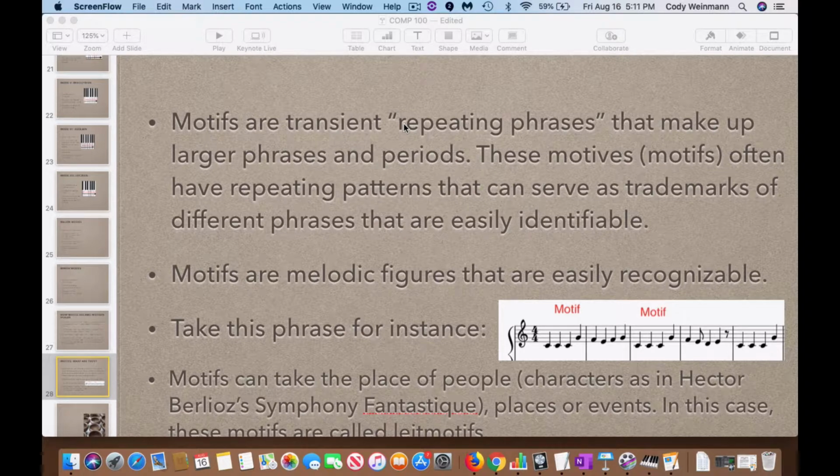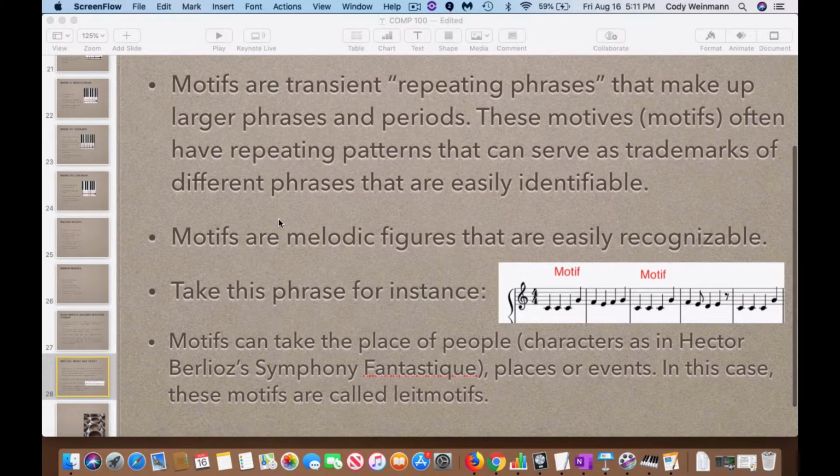But it could be in different note values as well. It could be in different guises. Different note values can have those same pitches to them, making it disguised a little bit.